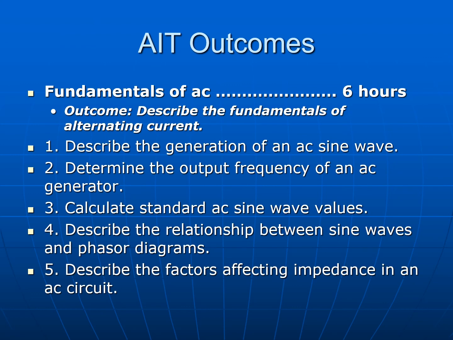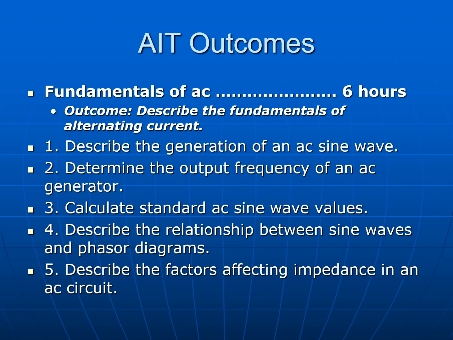We have now come to the end of Module 201B. Hopefully, you'll understand how to describe the generation of an AC sine wave. You'll be able to determine what the frequency of the output of that generator is. You'll be able to calculate standard AC sine wave values, being max values, RMS values, peak-to-peak values, as well as instantaneous values.